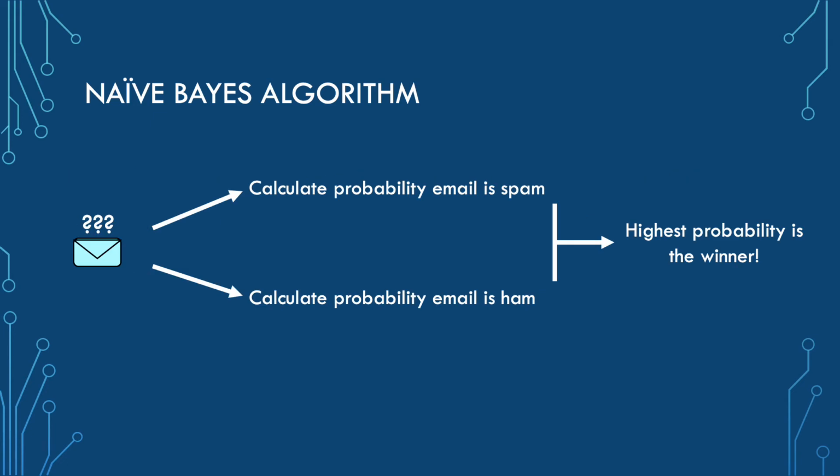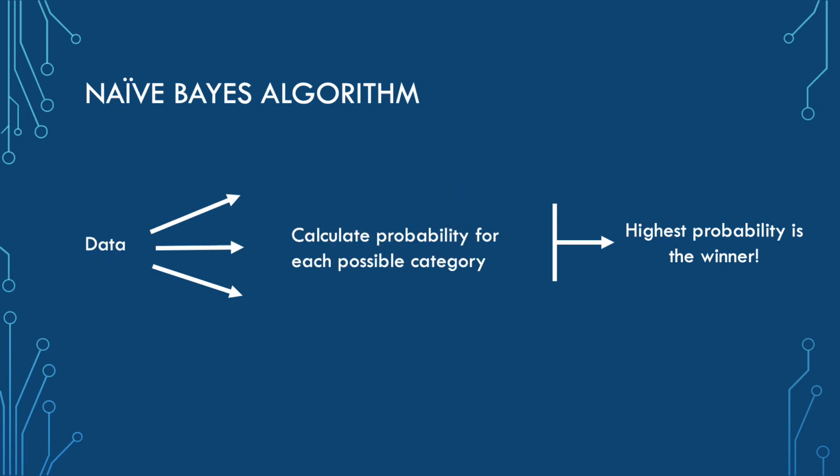Graphically, it looks a bit like this. We have some unknown email, and we have a set number of categories, spam or not spam, and we calculate the probability that it belongs into each of these possible categories. We then compare the two, and we say whichever probability is the highest is our solution. More generally speaking, we have a piece of unlabeled data that we'd like to assign to a specific category.